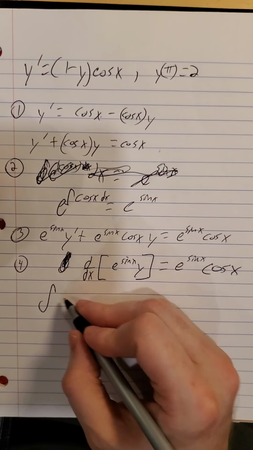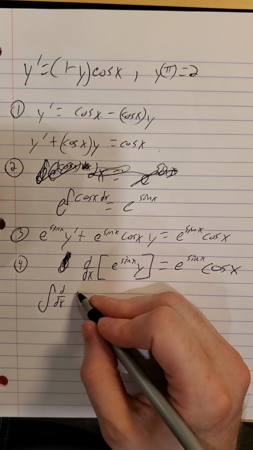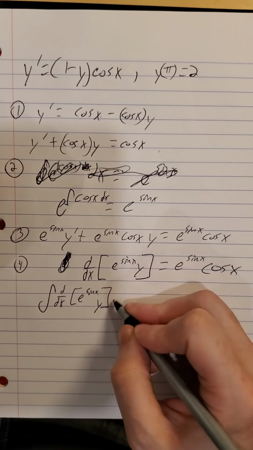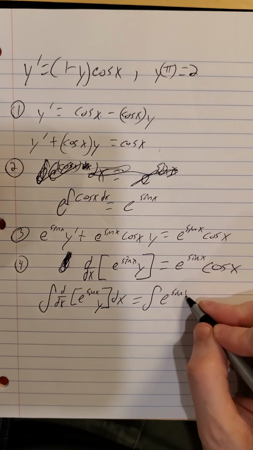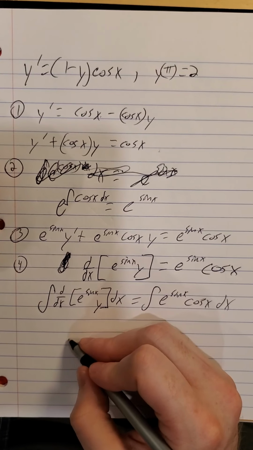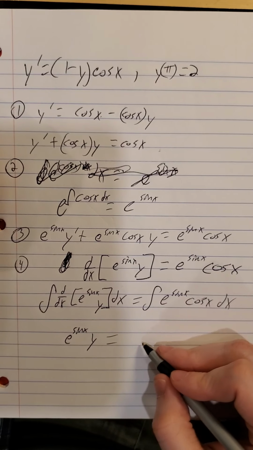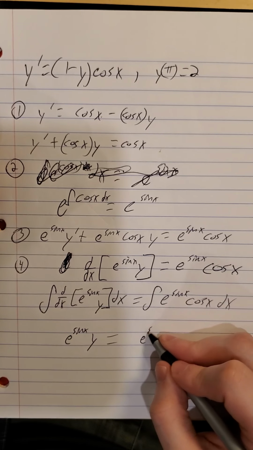So now, I jumped the gun a minute ago, now we'll integrate both sides. The left-hand side is e to the sine x times y. On the right-hand side, we recognize this as being e to the sine x.